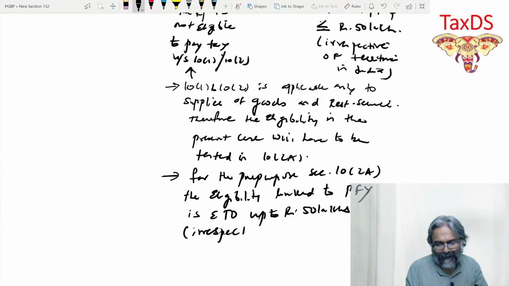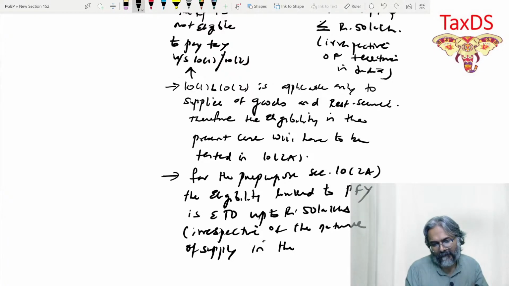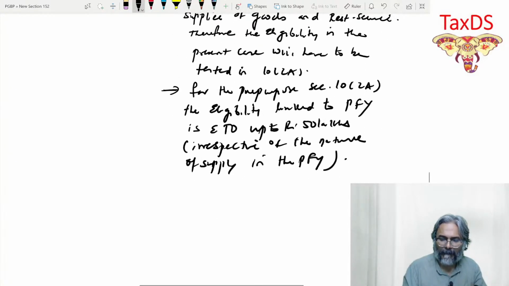I'm giving you in the bracket: irrespective of the nature of supply. Irrespective of the nature of supply in the previous financial year. Full stop. Because you are testing where? In 10-2A you are testing.